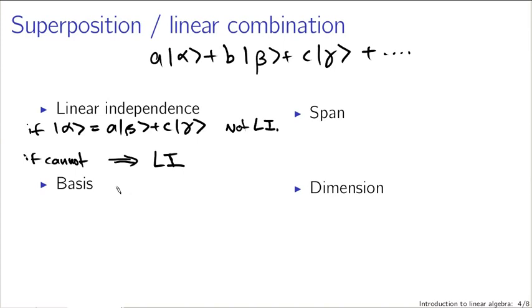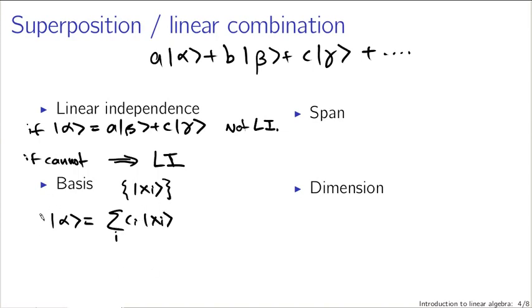For instance, suppose I have some set of vectors, x sub i. If I can write, let's say, my vector alpha as a sum of c sub i times x sub i, where i goes over the range of all of my vectors in this set, I've expressed alpha in terms of x sub i.